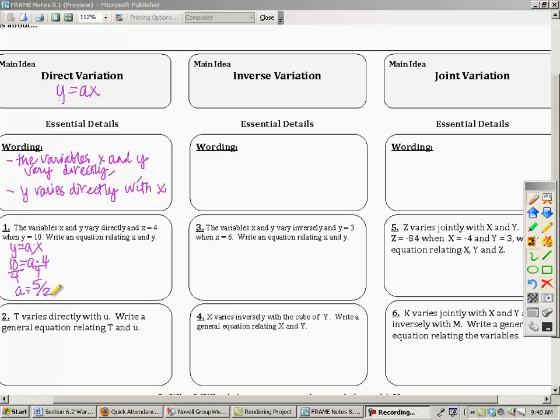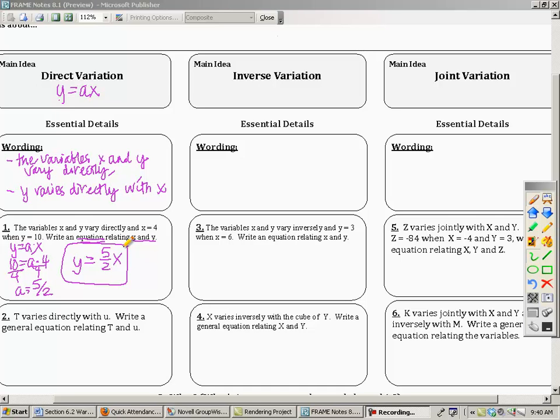Now that I found my constant, it says now write an equation with x and y. That means go back to y equals, and instead of the a, put 5 halves. So y equals 5 over 2 times x. This is our equation. Okay, so that gets us back into a little bit of direct variation. Let's do a general one. T varies directly with u.